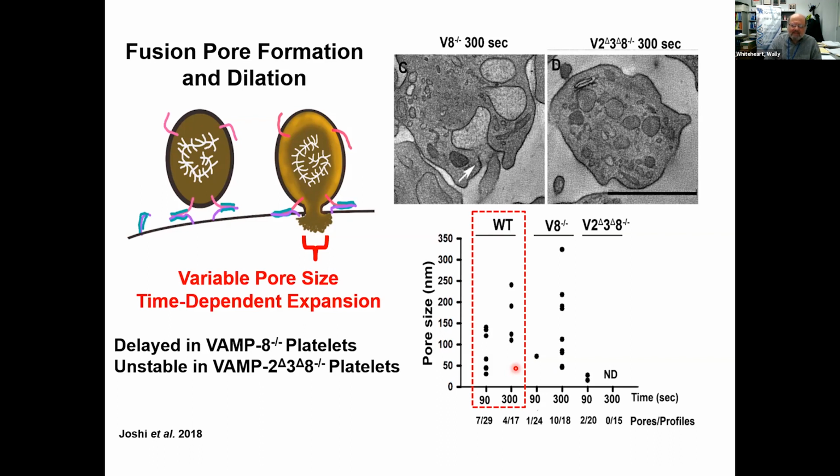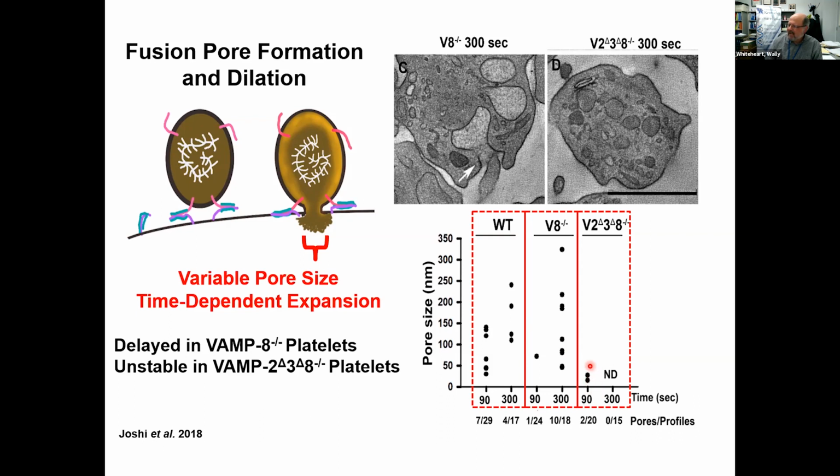If we manipulate the secretory machinery that's required for the membrane fusion events and we drop its levels down, we can actually delay that fusion process and make it more heterogeneous, altering the opening and perhaps altering the flow of cargo coming out of the granule. And then finally, we can delete most of the secretory machinery that's responsible for this, down to about 90% or so.